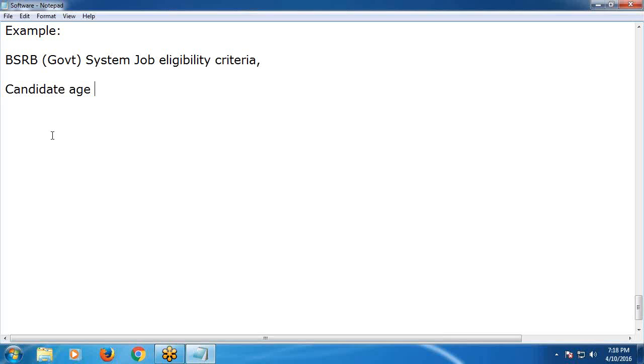Candidate age should be between 21 and 35. Getting the test requirement, Rahman?